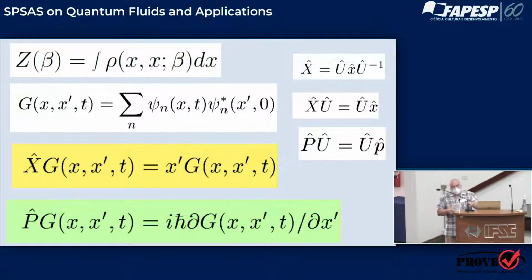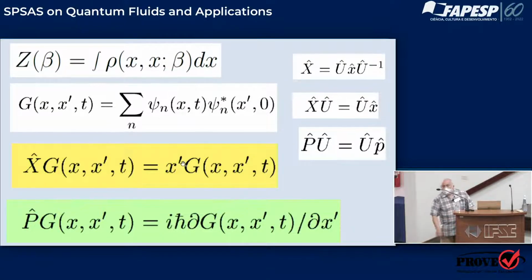Now let us rewrite this in the form of matrix elements. We obtain an equation where you see the operator X acts on the propagator as a function of the first variable. The second variable is fixed. And the result is the same function with coefficient x prime.